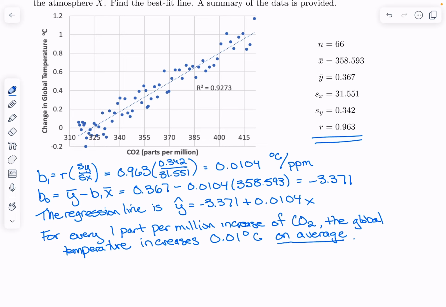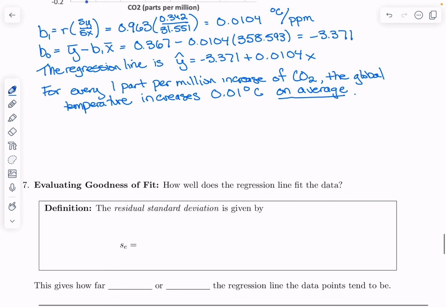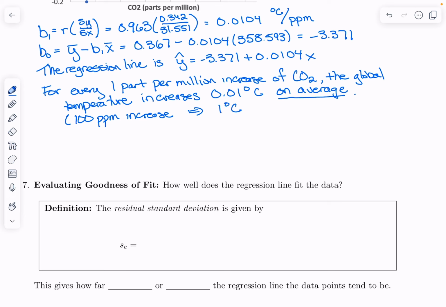So it's increased 100 parts per million, sorry. And so what we could say then is that a 100 part per million increase tells us we're going to get a 1 degree Celsius increase, if we multiply everything by 100. And that 1 degree global temperature increase is a dramatic increase that's having all sorts of effects on our global climate.